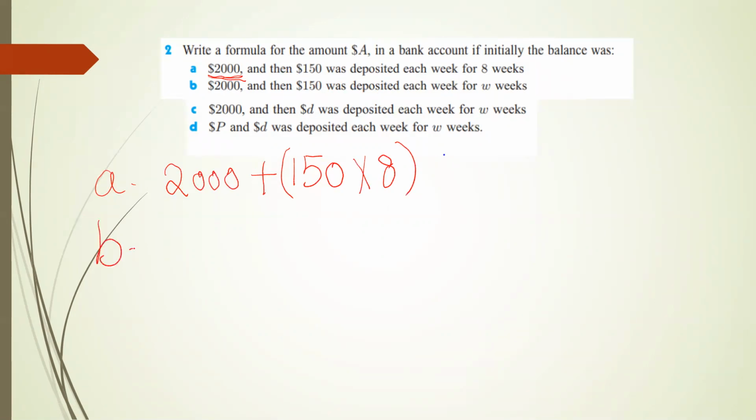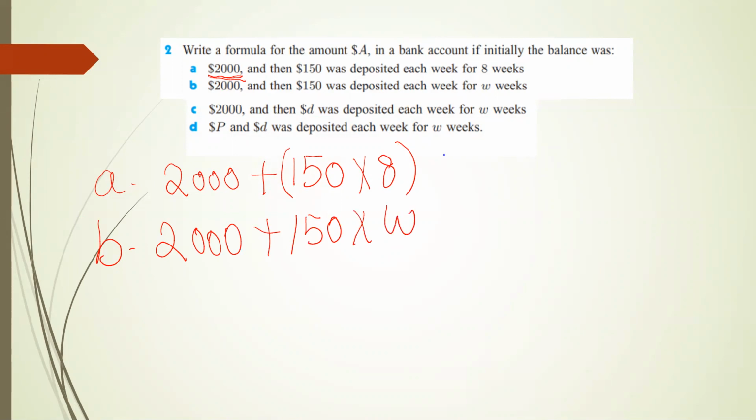What about B? Still, the initial amount is 2,000 and then 150 will be paid, but the problem did not specify a number of weeks. It said for W weeks, so it can be for any number of weeks.